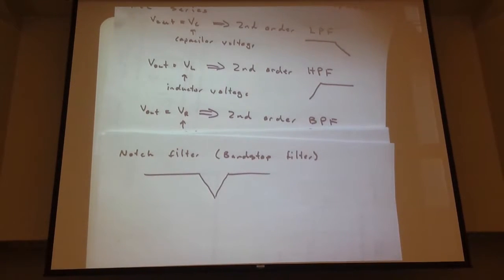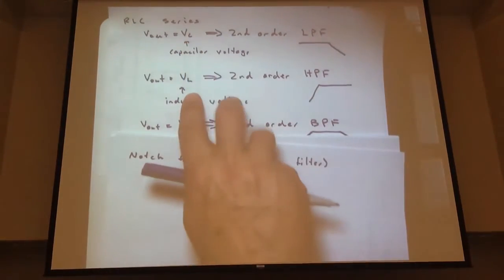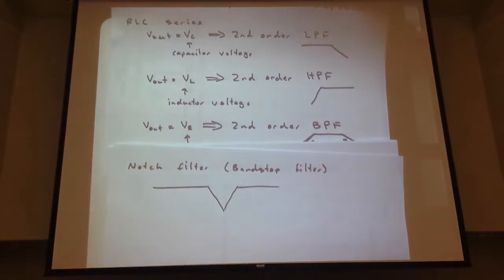No, it doesn't have anything to do with the damping. So I mentioned we measured across the capacitor, across the inductor, across the resistor. What else can we measure across? Well, we could measure across the source, but that'd be 1-to-1. That would be a pass-all filter.